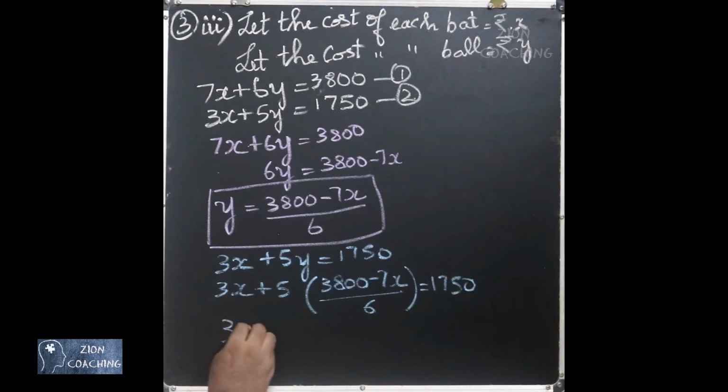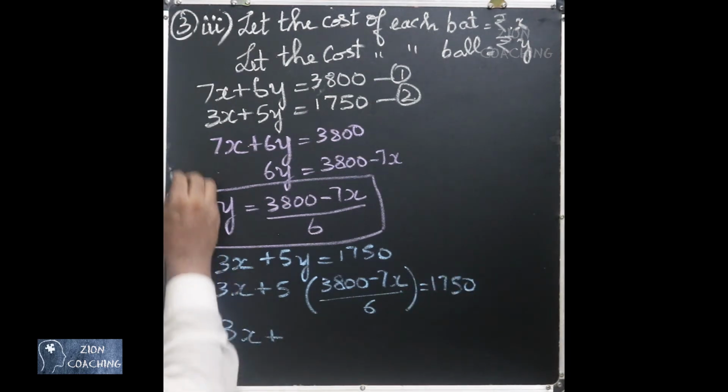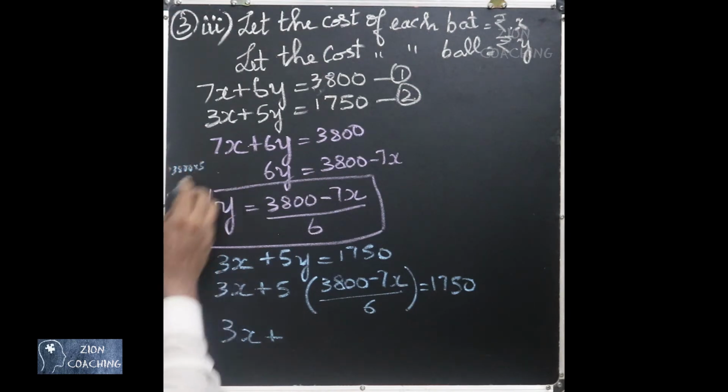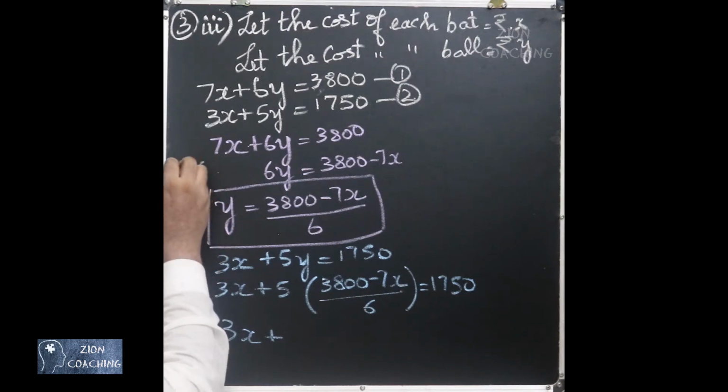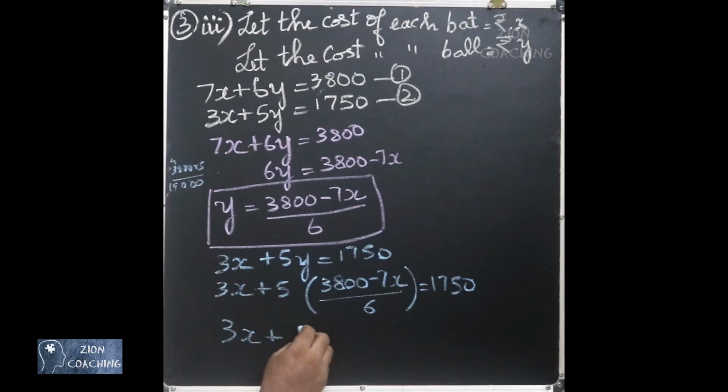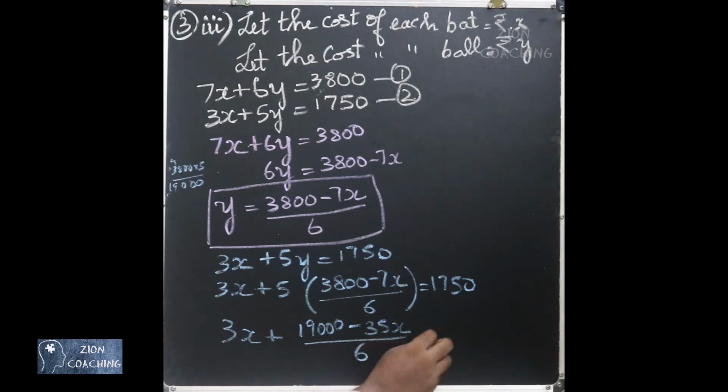Now we have 3x plus 3800 into 5 is, 5 8s are 40, carry 4, 3 5s are 15, plus 4 is 19. So we have 19,000 minus 5 into 7 is 35, 35x by 6 equal to 1750.